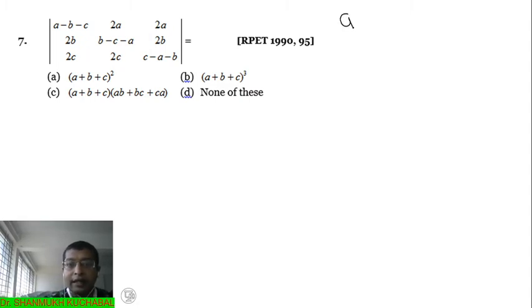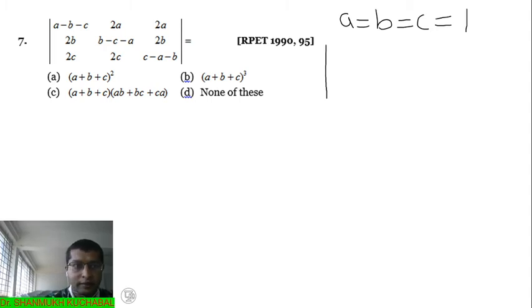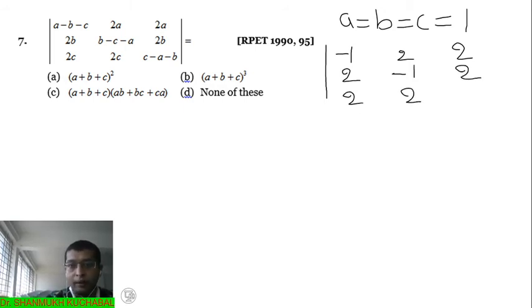So I take A equal to B equal to C, all of these I take as 1 here, right? So what we get is 1 minus 1 cancels, so minus 1, next 2, 2, similarly 2 minus 1, 2, it is 2, 2, 2, 2, it is a minus 1 here.